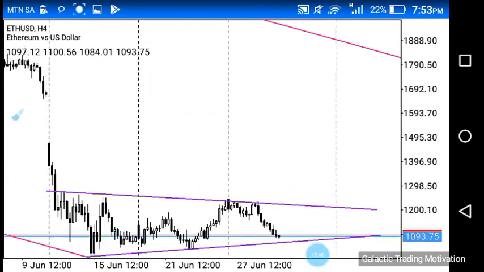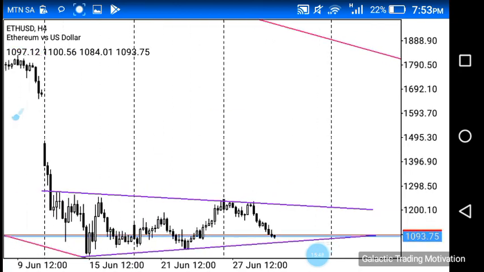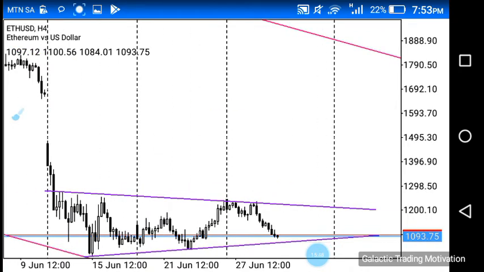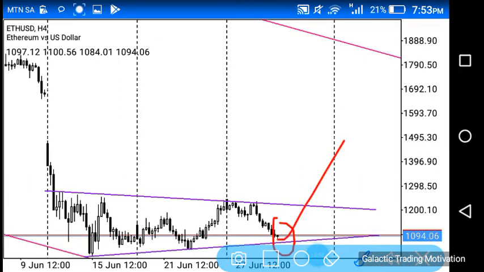At this point in time, as I said, I do not see any buying or selling opportunities, but I do know that other investors and traders are waiting for price to bounce off this trend line, and they will be looking to buy. That is because we have a first touch over here, a second touch over there, and a third touch over there.